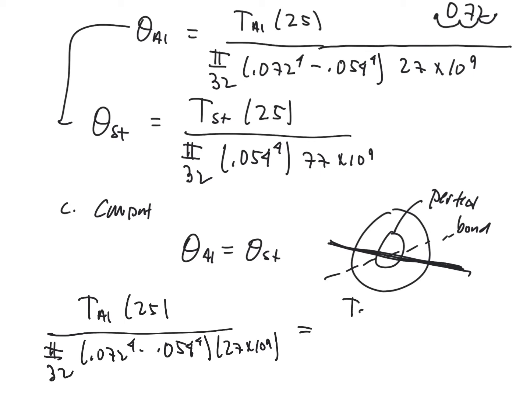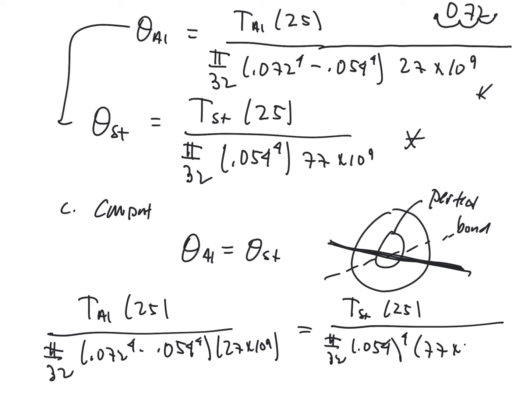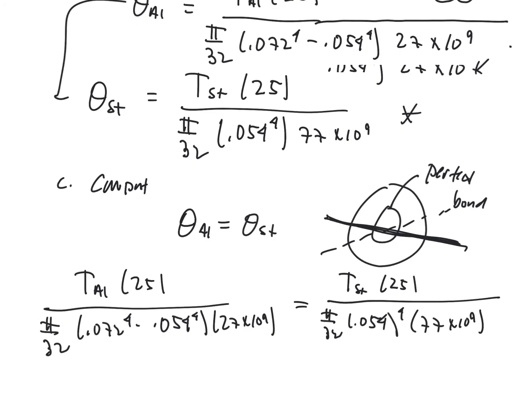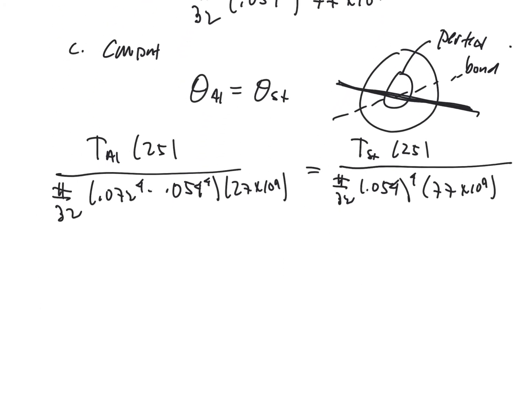That is torque in the steel times 25 divided by pi over 32, 0.054 to the 4th. By the way, I'm just copying these two. And then we've got 77 times 10 to the 9th. There we go. So that is our statement of compatibility.